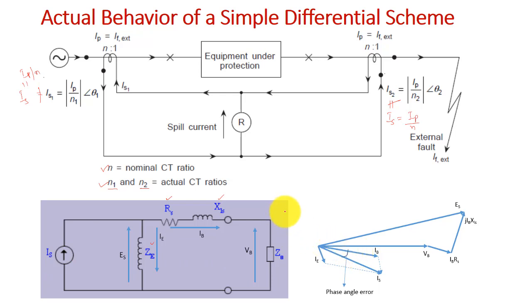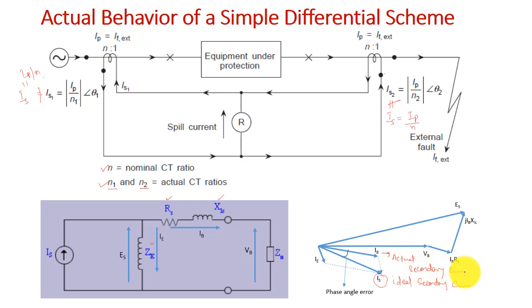But instead of IS we get this current IB, right. So whatever angle difference there is between IB and IS, this IS is your ideal secondary current, right, and this is your actual secondary current.